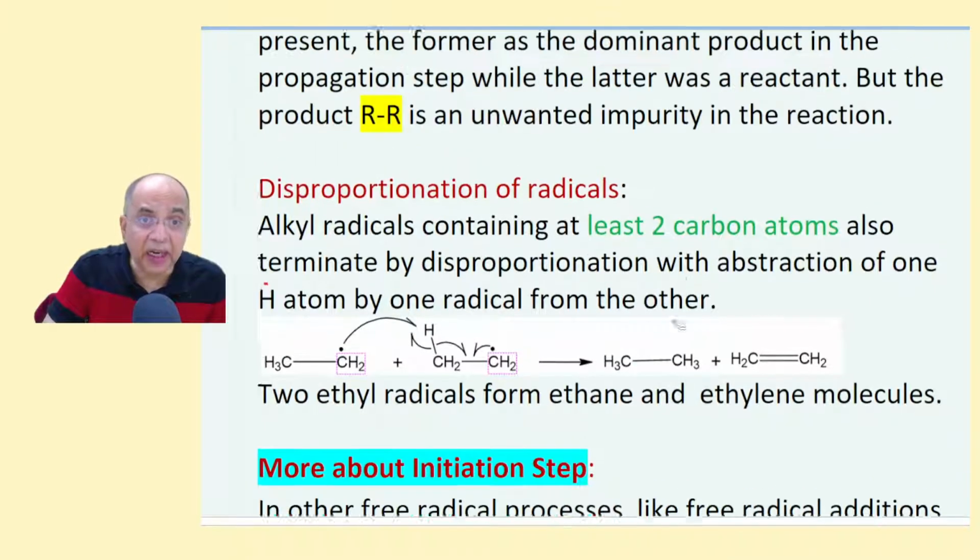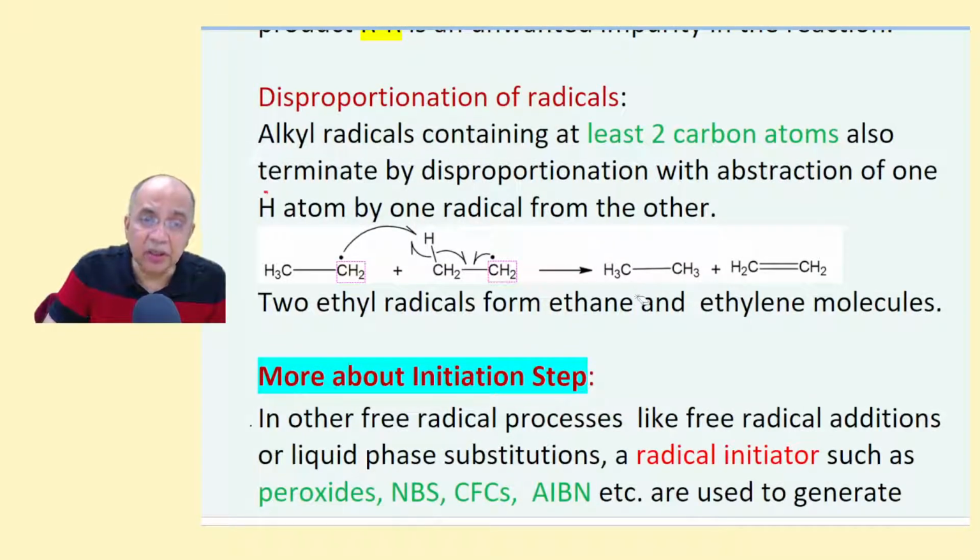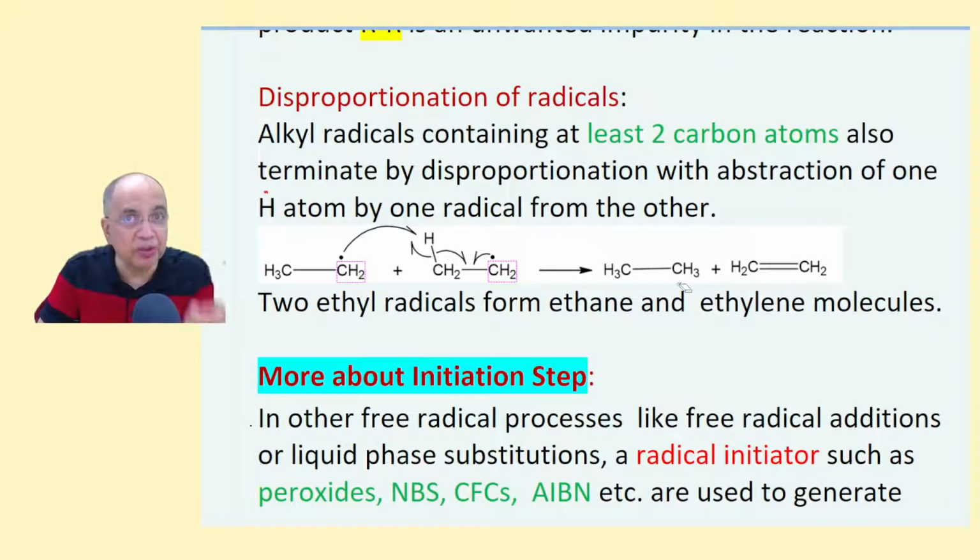Yes, ethane can be invisible because during the reaction of ethane with bromine, ethane was a reactant. You may think some of the ethane might be left out, but this is also formed in trace quantity during the termination process.